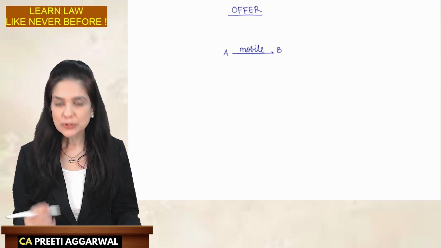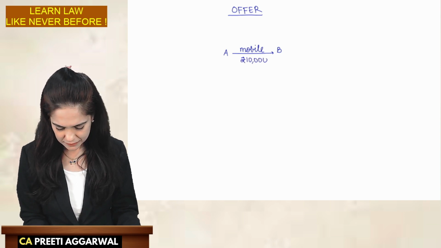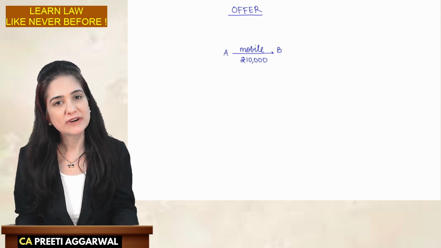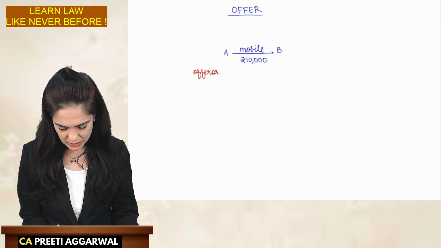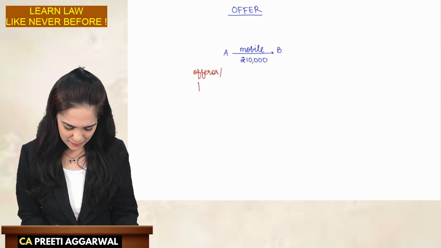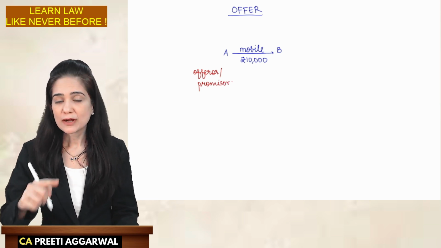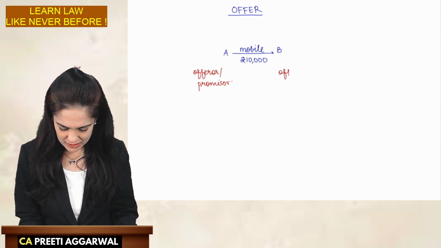A offered to sell his mobile to B for rupees 10,000. Now, the person who gives the offer is known as offerer, also known as promiser. And the person to whom the offer is given is known as offeree.